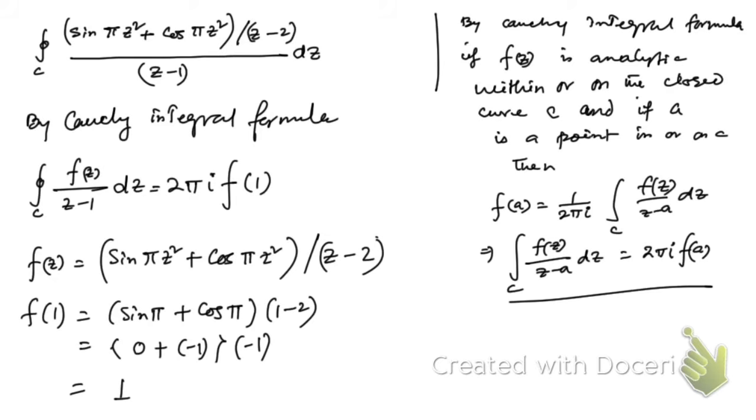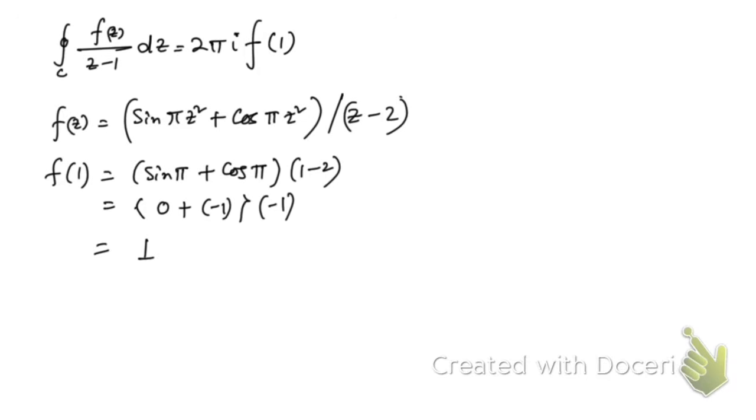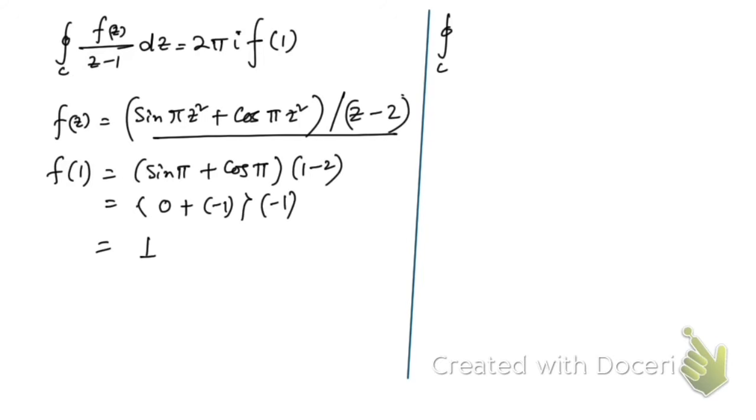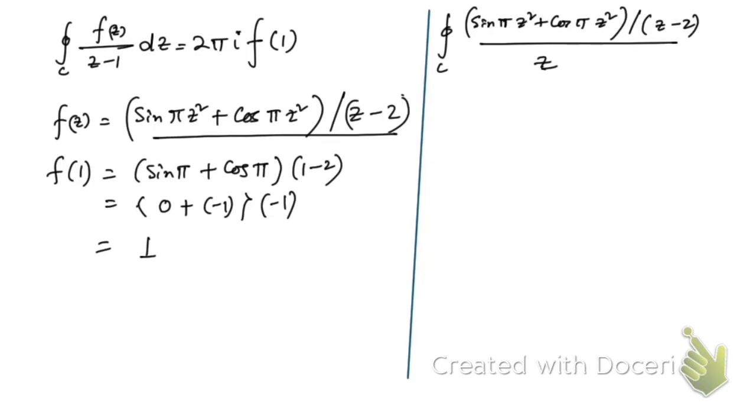So let me copy this and let me go to a new slide. Here is the new slide. So what we have got is the integration along C of f(z), where f(z) is nothing but this, right? (sin πz² + cos πz²) divided by (z − 2), divided by (z − 1) dz.